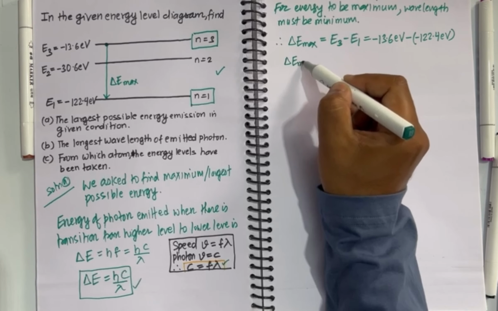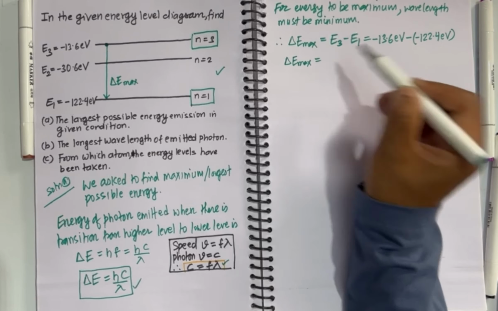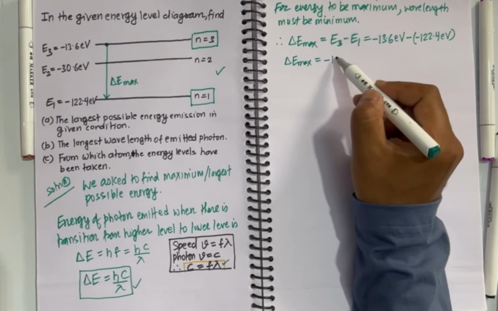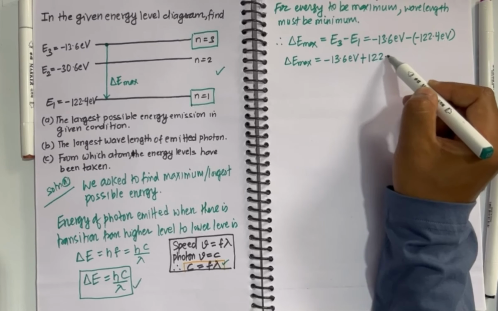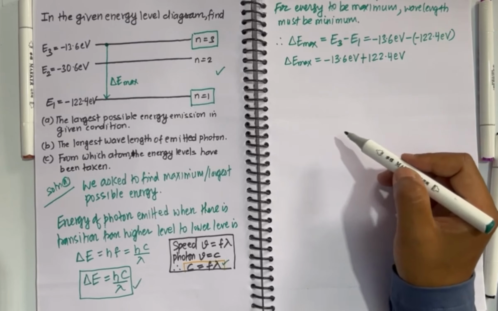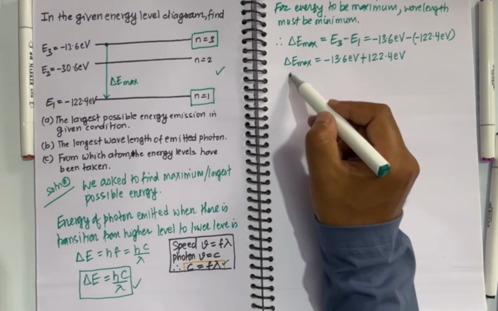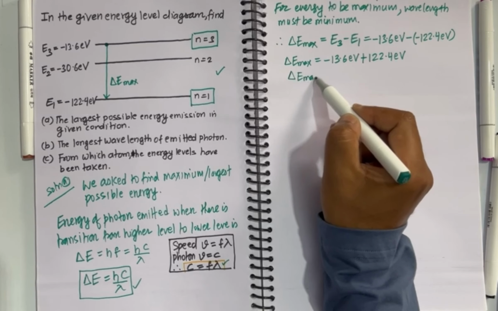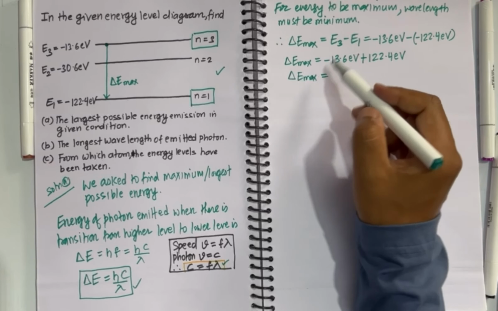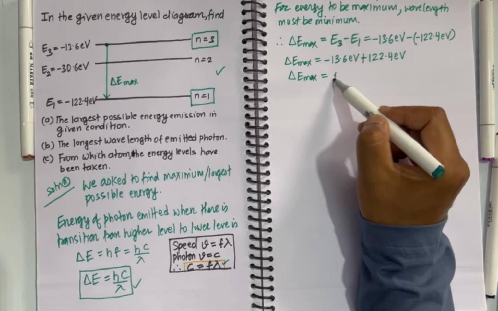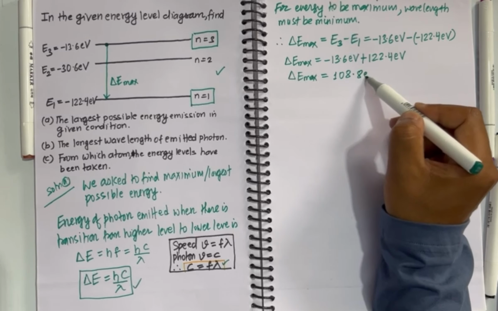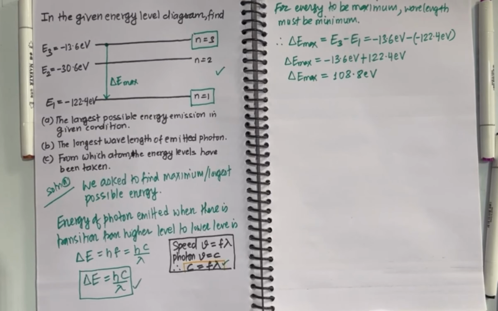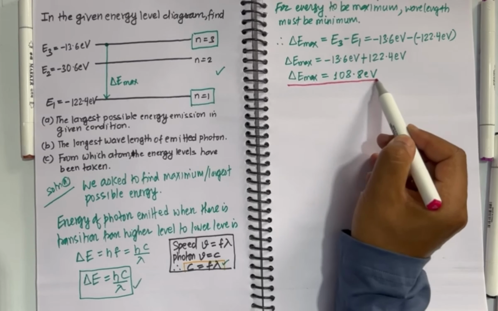So delta E max equals minus 13.6 electron volt plus 122.4 electron volt, and on simplification we get delta E max equals 108.8 electron volt.